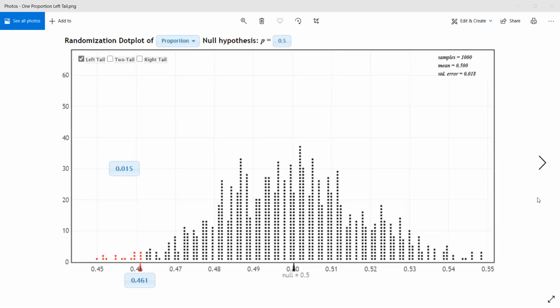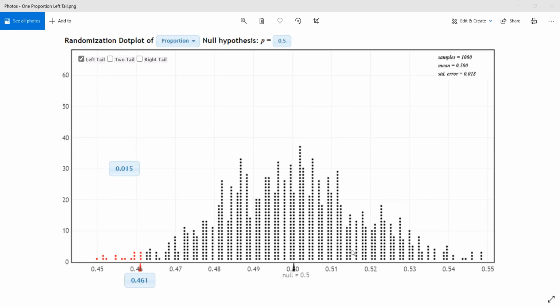The same thing here. The p-value is basically giving you the probability, if the null hypothesis is true, of getting the sample statistic or something more extreme than that. So think about it.